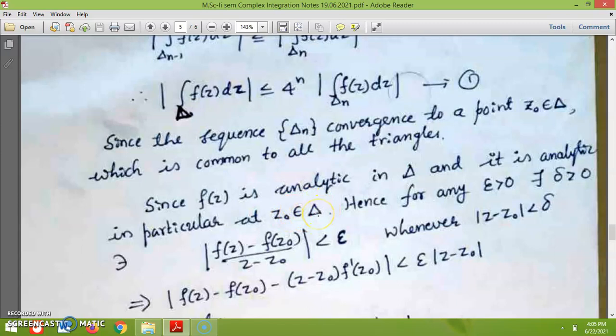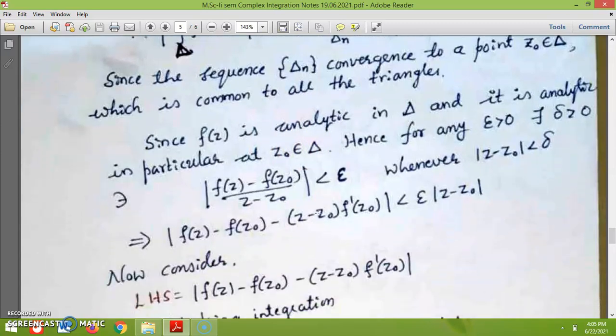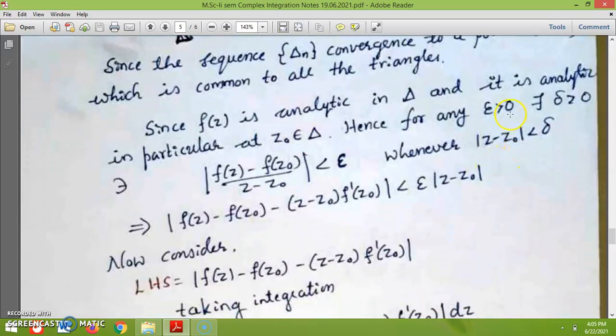Hence, by definition, for every epsilon greater than 0, there exists a delta greater than 0, such that the modulus of f of z minus f of z0 divided by z minus z0, here the term is f dash of z0, should be less than epsilon, whenever this distance, that is the length, is less than this delta.